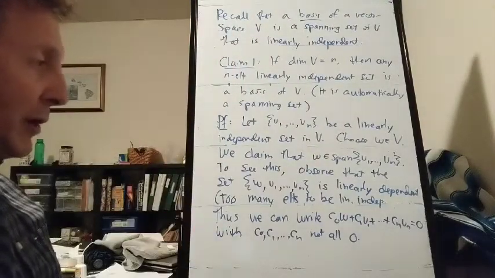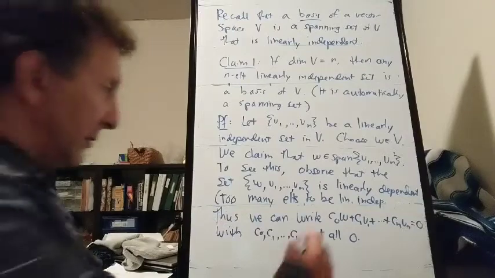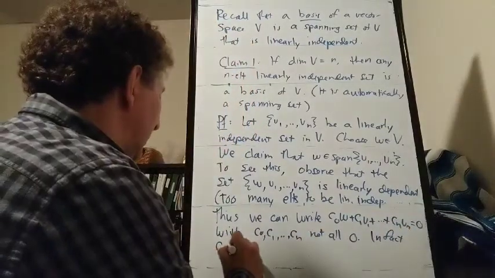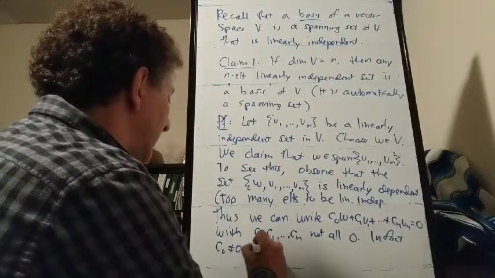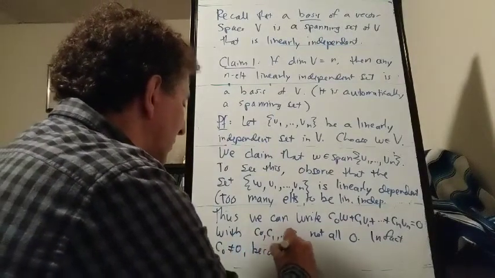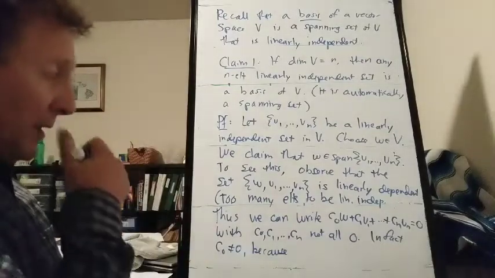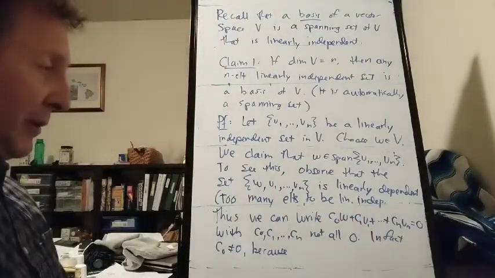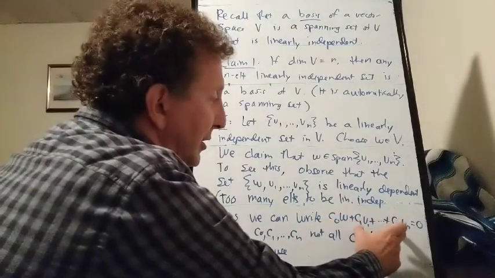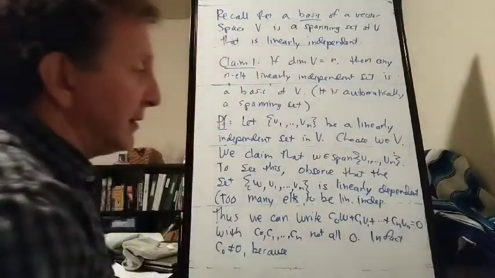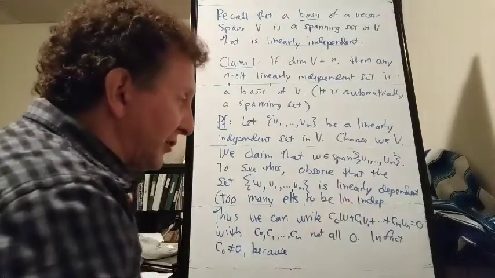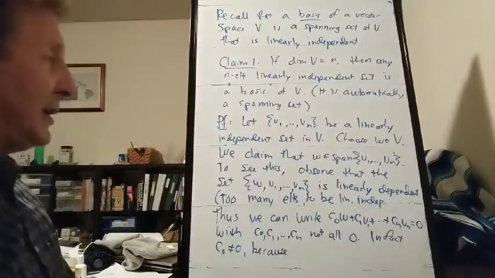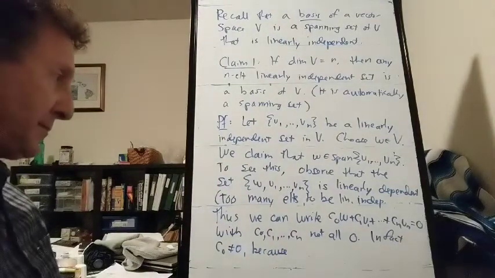Now actually we can see right away that C naught is not 0. Because if it was one of the other coefficients that's non-zero, then we would have a linear combination of v1 through vn with the coefficients not all 0 that's equal to 0. But v1 through vn is supposed to be a linearly independent set, meaning we can't do that.